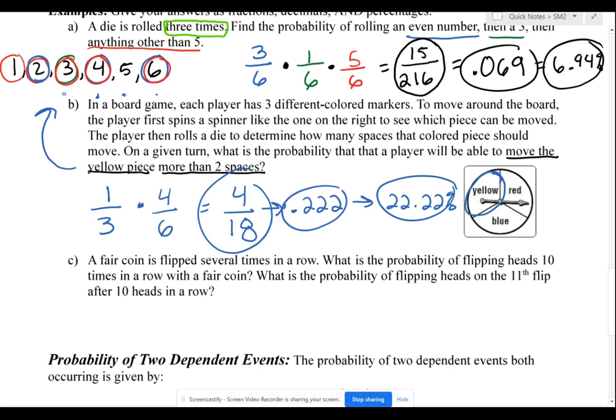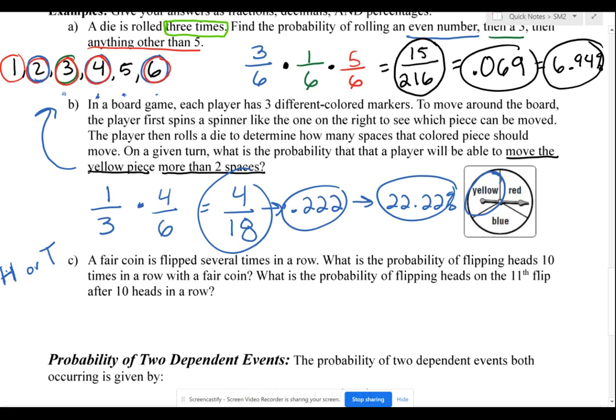So the first situation is this. We're going to flip a coin 10 times, and we want to know what the probability is of getting heads every time. If we think of a coin, our two options are heads or tails. No one's good enough to leave it on its side.